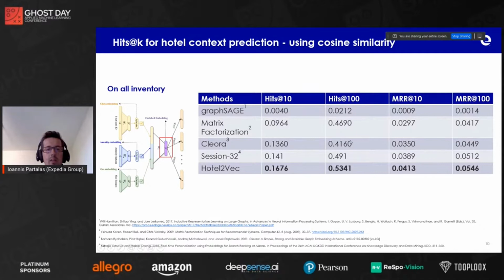And you can see that Cleora, which is another graph approach, gets quite good metrics, while matrix factorization is also a very strong baseline. But you can see here again that the model learns some meaningful representations, right? We're close to what we were seeing in the previous set of experiments.